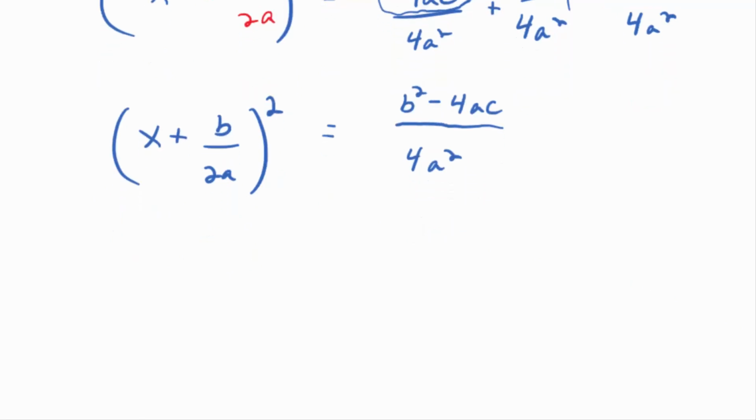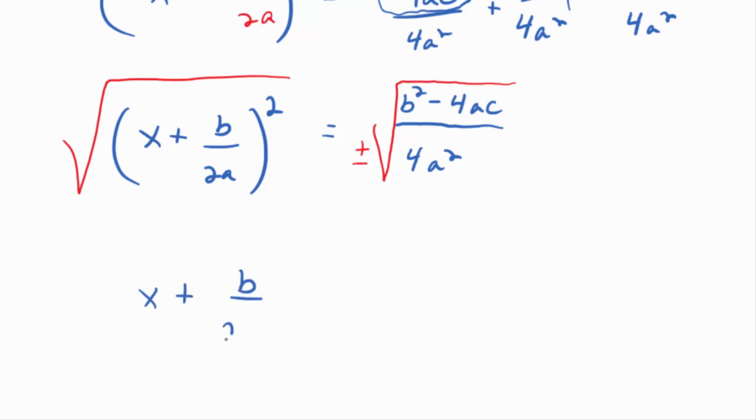What do we do at this point? We solve by taking square roots. And what do you need to remember in front of the square root on the right side? Plus or minus. Left side, we get x plus b over 2a. The exponent of 2 disappears. The right side, if we split up the square root, what's the square root of 4a squared on the bottom there? 2a. On top, the square root does not split up over a minus sign.